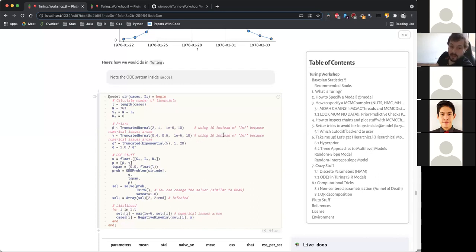The same with the gamma, it's a truncated normal, constrained to a little bit positive and 10, with mean 0.5, standard deviation of 0.5, and 5. Then there's phi, the overdispersion rate in the negative binomial likelihood, a dispersion parameter.